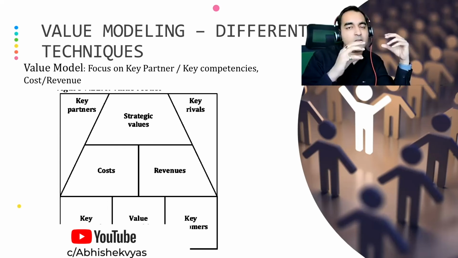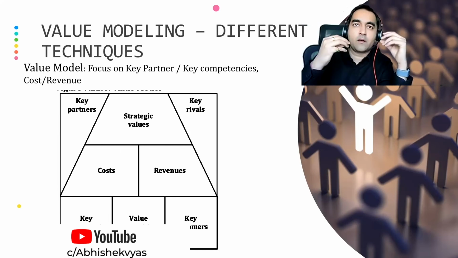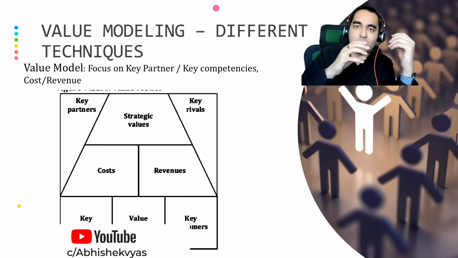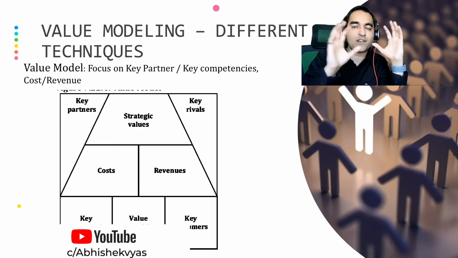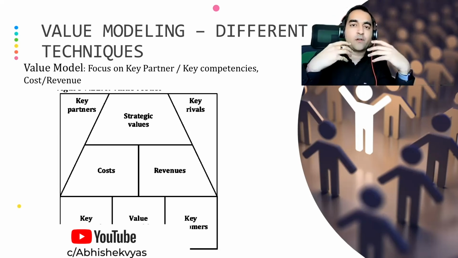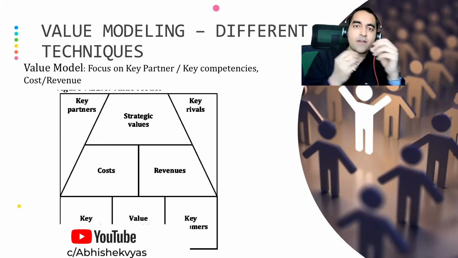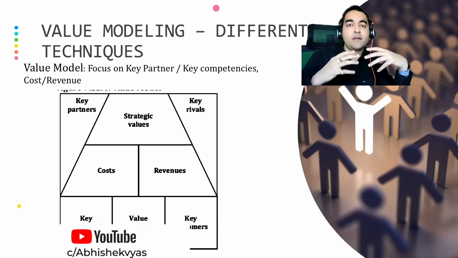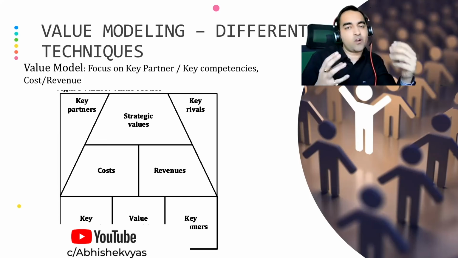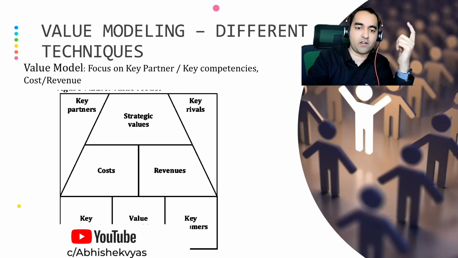So for example, when you are trying to validate if an initiative needs to be started or not, you look at the strategic value, what kind of cost it will have and what kind of revenue it could potentially generate, and decide whether to go ahead with it or cancel a specific initiative.